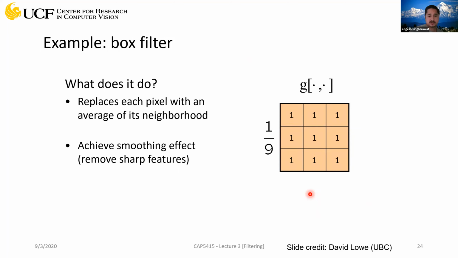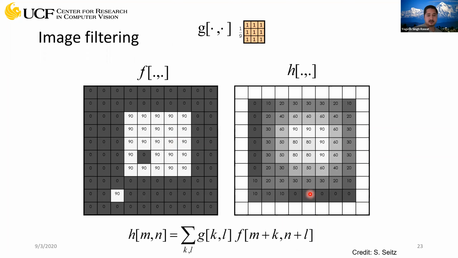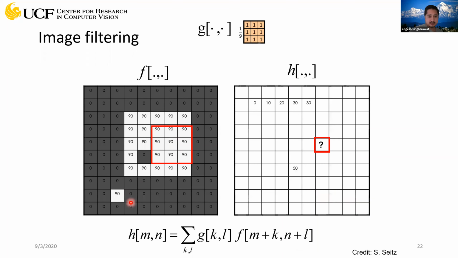We already talked about that. Another way to interpret it is that it's trying to remove sharp features. If you look at this array or matrix as a representation of an image, you have some kind of object at this location, which is why you have high intensity values. But at this location, only one pixel is pretty high.